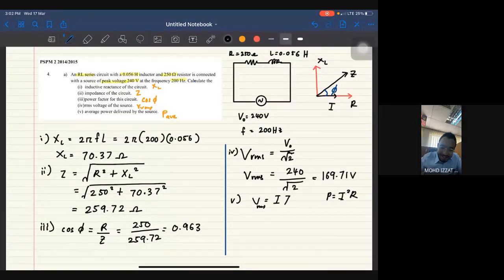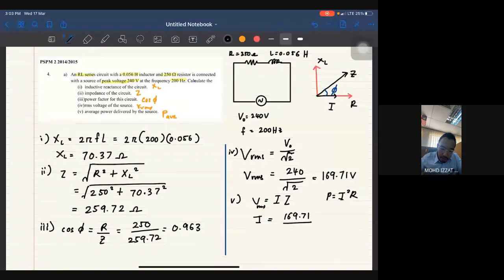Z. Okay, why Z? Because of the combination of resistance. So you cannot use R, but you have to include all the R. Z equals 259.72 which we calculated earlier. So I equals V RMS, which is 169.71 divided by Z, which is 259.72.